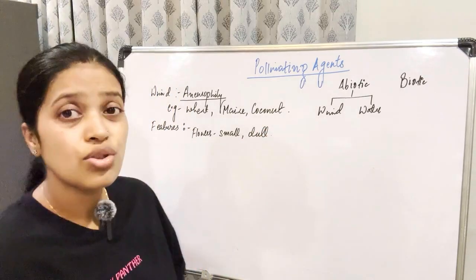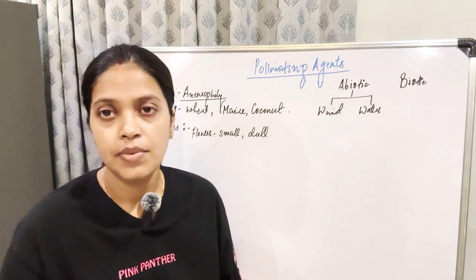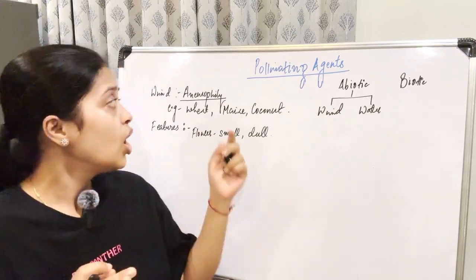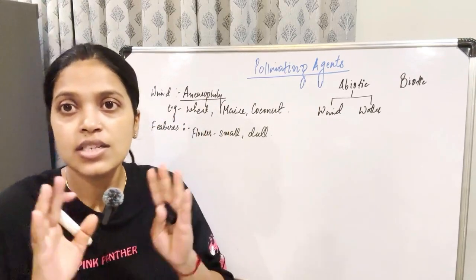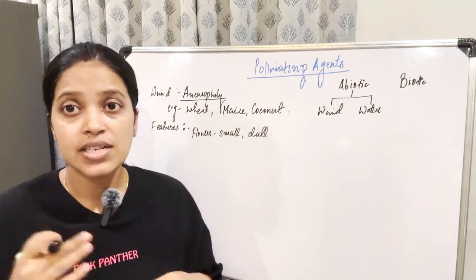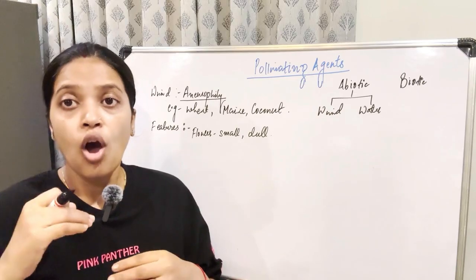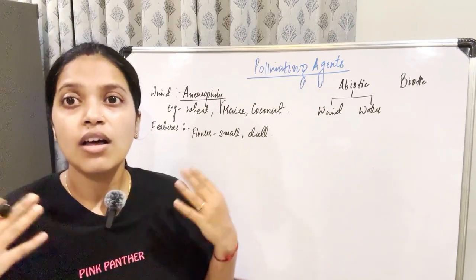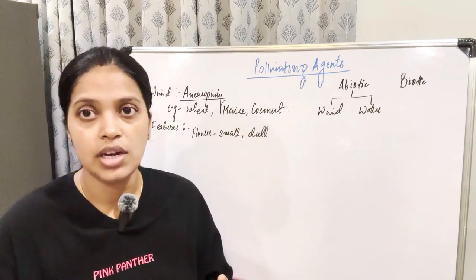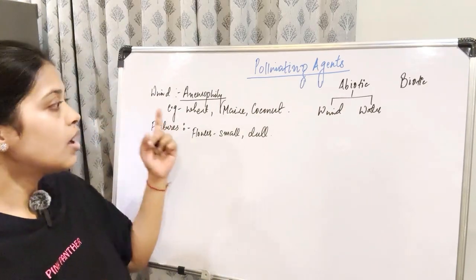Dull means it is not that brightly colored. Reason being, here the pollination is occurring through the wind. It doesn't need to attract the wind, so it doesn't need to invest that much energy on putting a color to the petals. Here it doesn't need to attract any pollinators. It is happening through the wind.